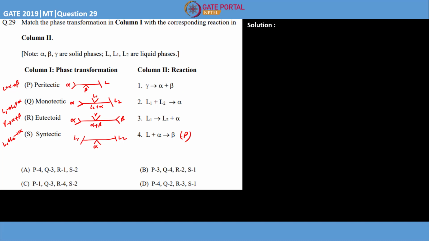So this is for P. One liquid giving liquid plus alpha, so this will be for option Q, and this is for eutectoid, that is R, and this is for S. So for P it is 4, Q it is 3, R it is 1, and S it is the second option. So the right answer for this problem is option A.